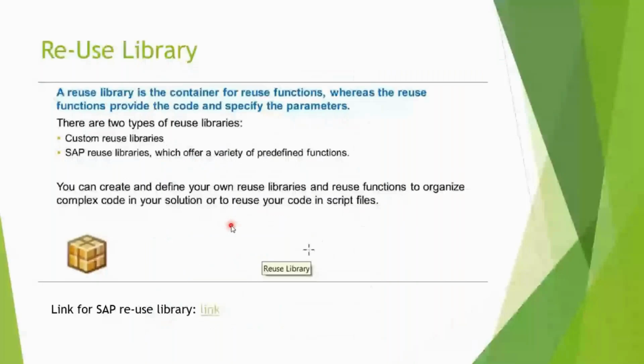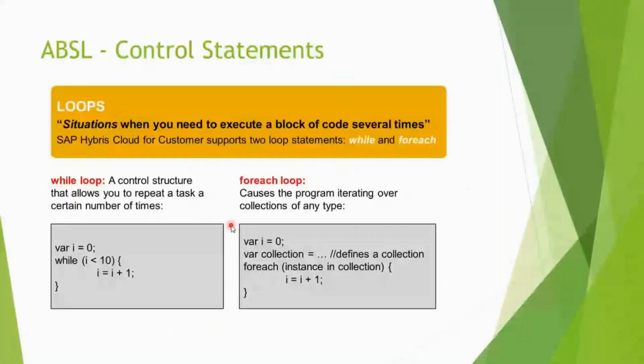In ABSL scripting, we will mostly be using three types of loops, similar to other scripting languages. A while loop is one where, as long as the condition is satisfied, we keep executing the loop. A for each loop is used, for example, when we have a list of 10 items and want to traverse through each list item, or when we have 10 records and want to repeat for 10 times.